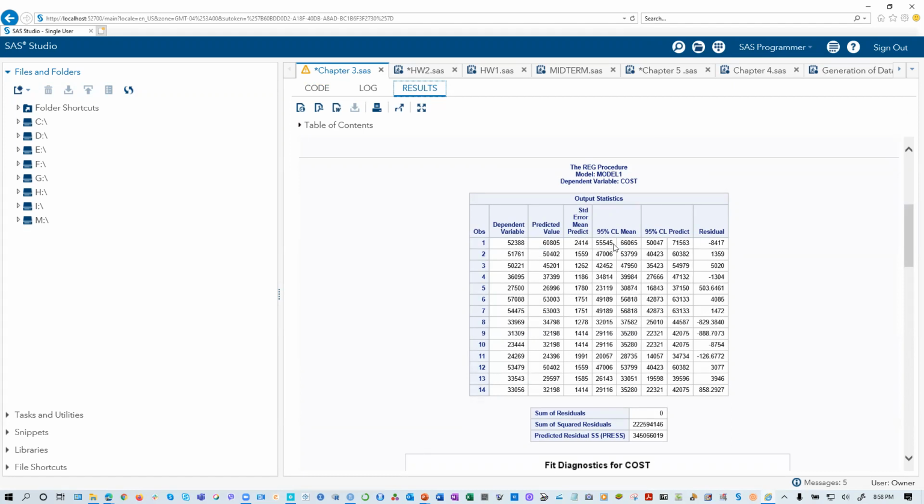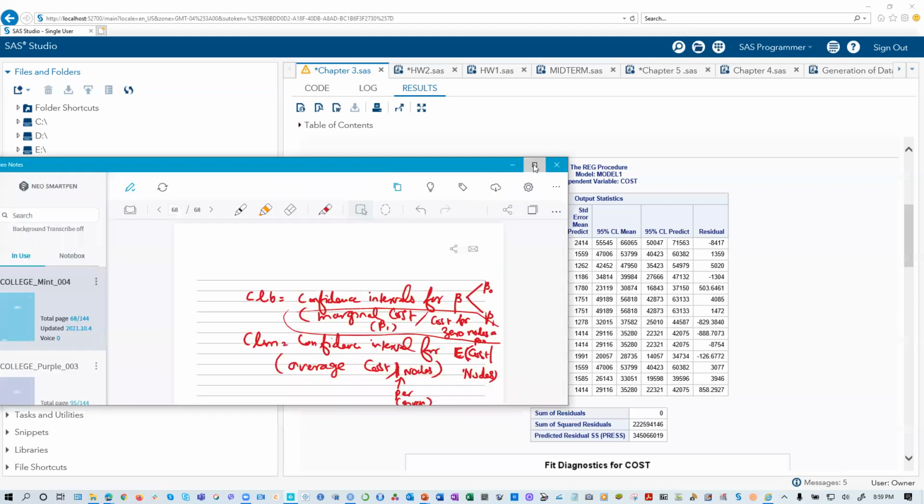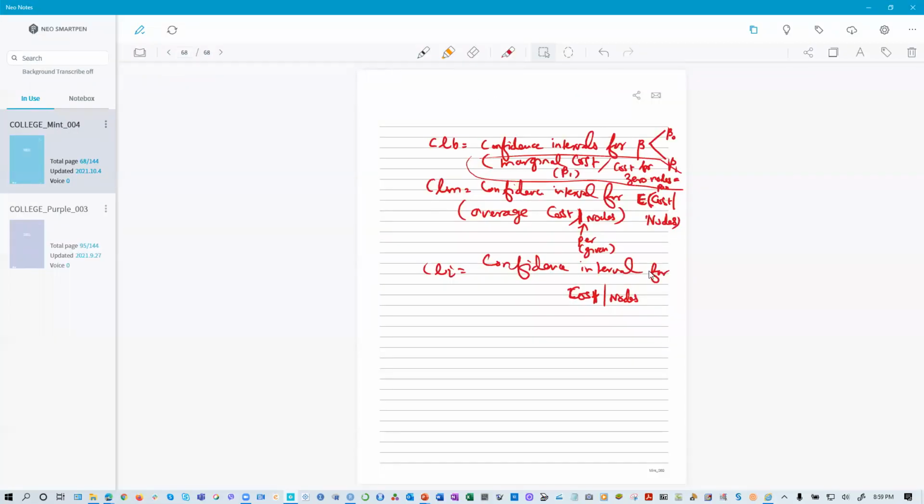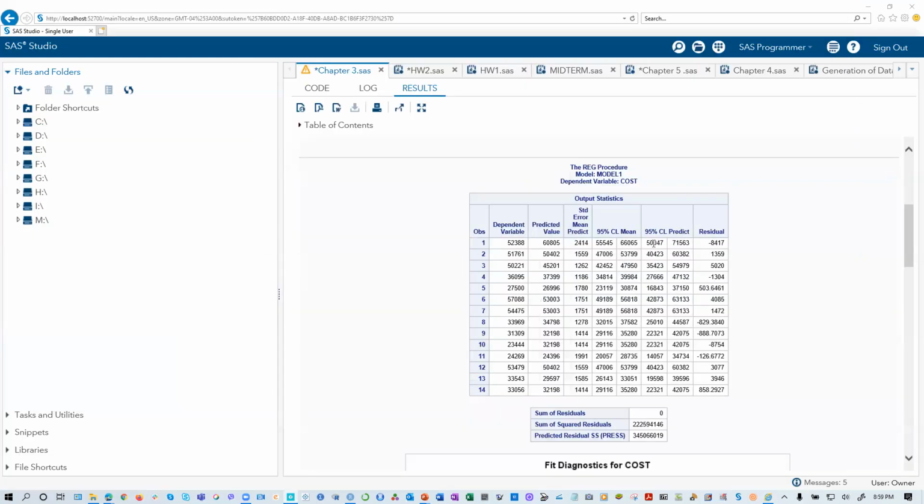It's a point estimate for the average cost given a certain number of nodes. This is a predicted value. That's the mean for the individual. This confidence interval is the second one.